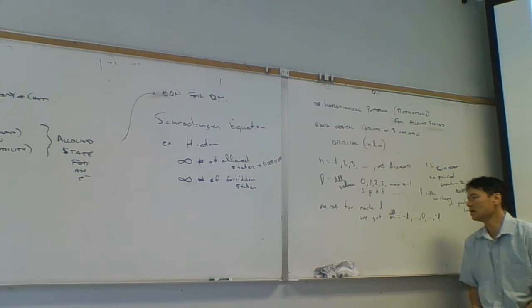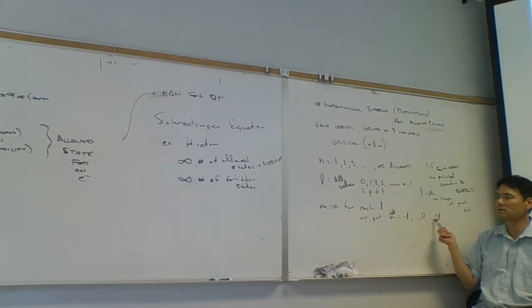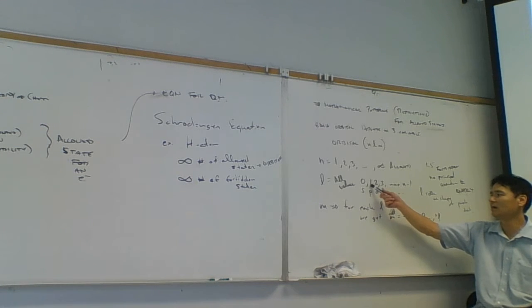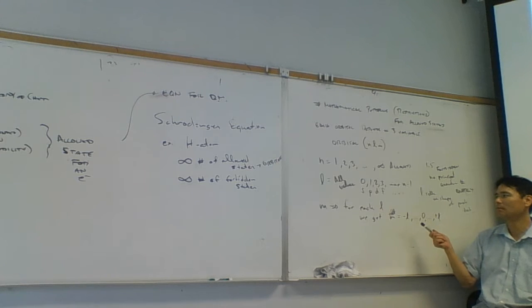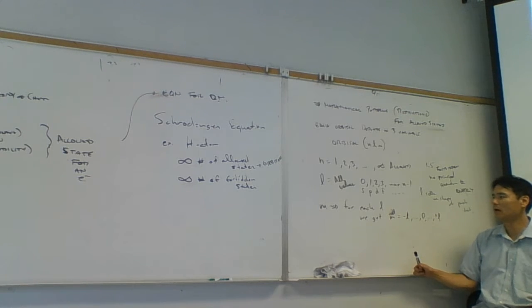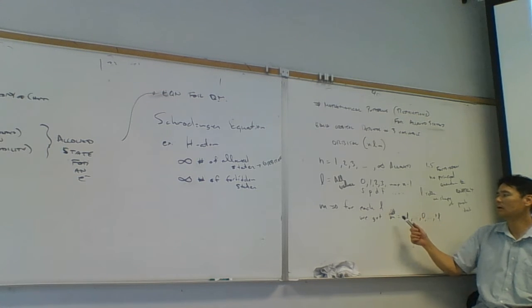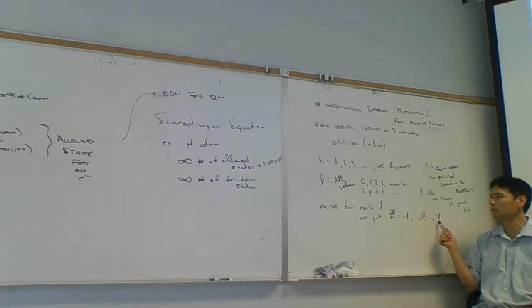If l is equal to 0, then we're going from minus 0 to plus 0, so there's only one 0. If l is equal to 1, then we're going to go from minus 1 to 0 to plus 1. So there are three different m values, minus 1, 0, and plus 1. If l is equal to 2, then we're going to go minus 2, minus 1, 0, plus 1, plus 2.